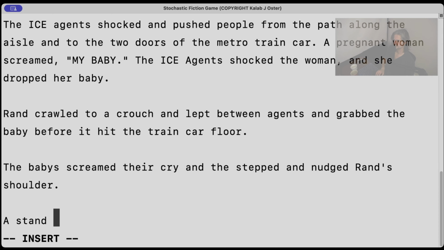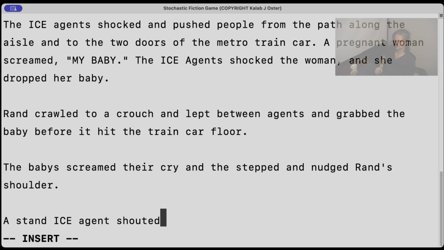Standing ICE agent shouted. The baby screamed its cry, and he stepped and nudged Rand's shoulder.